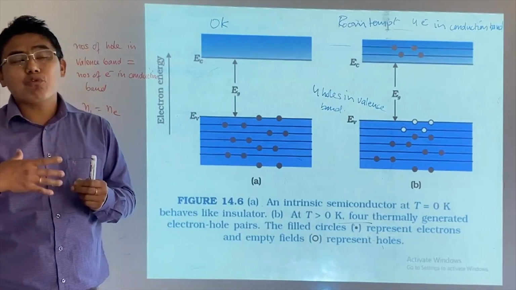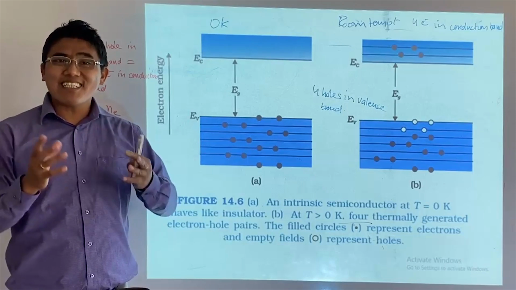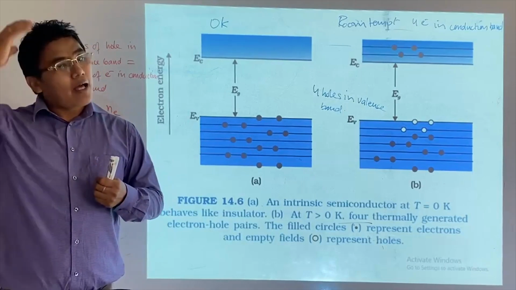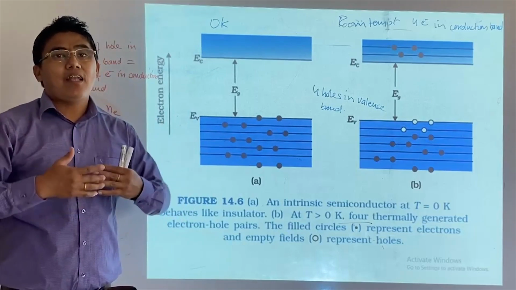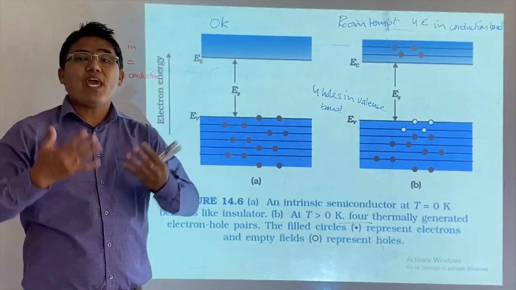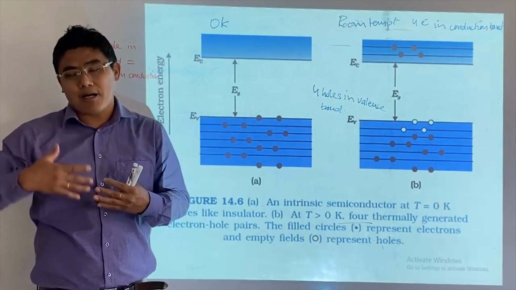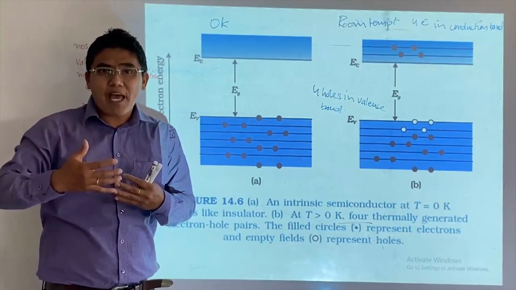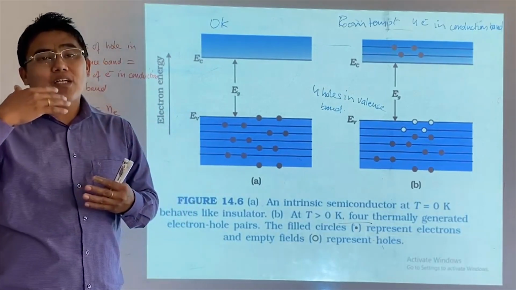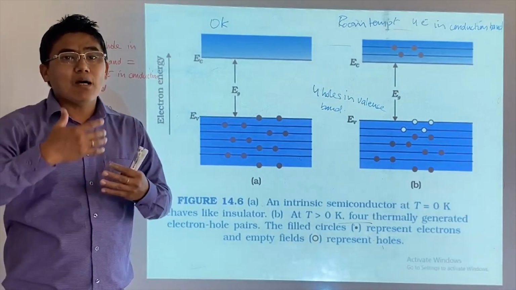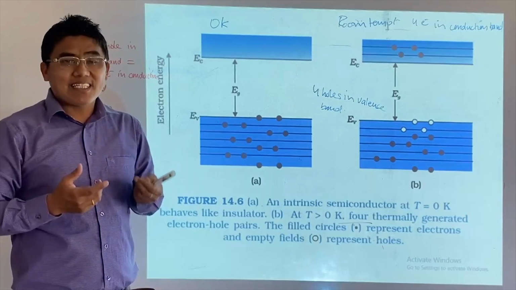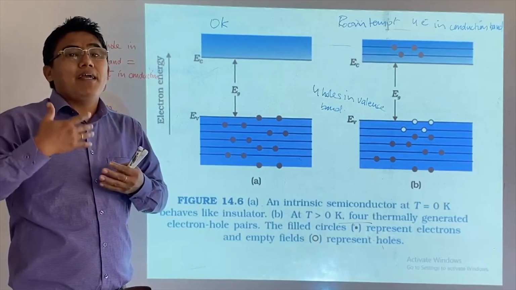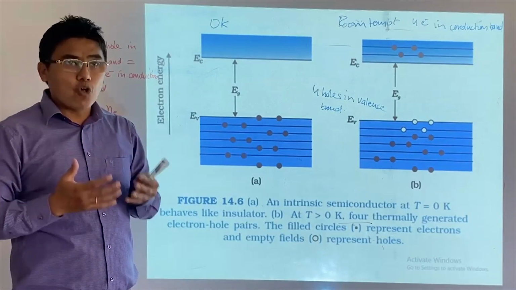So now we have to design something such that the number of holes in the valence band can be increased, and the number of electrons in the conduction band can be increased. And this is all done by the extrinsic semiconductor by a process of doping.